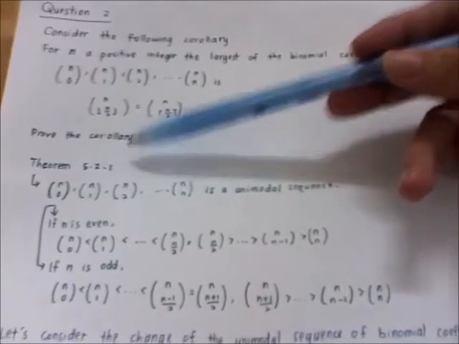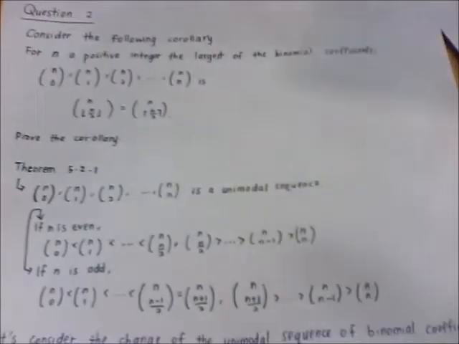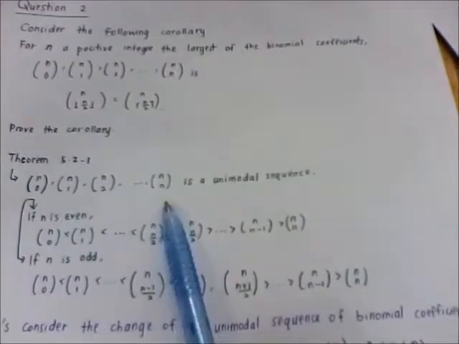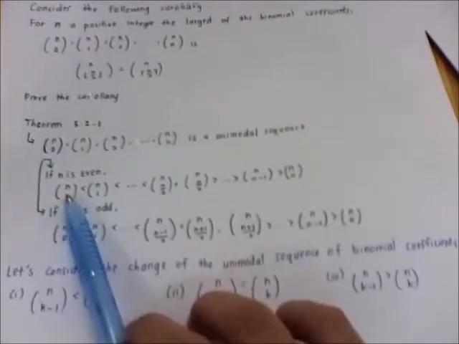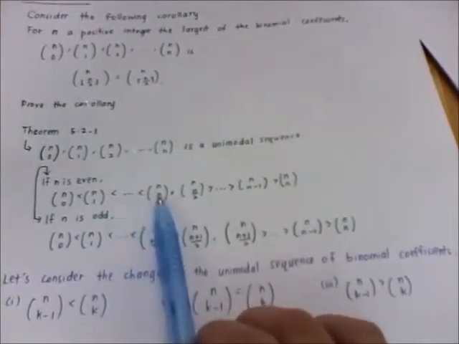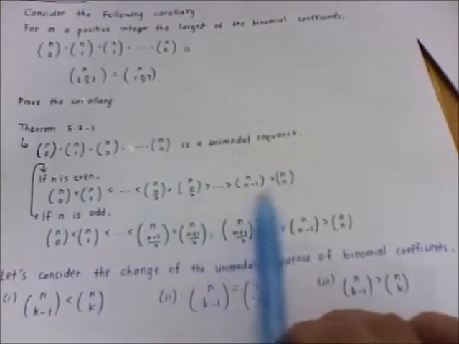First of all, we must know Theorem 5.2.1, which is that the sequence of binomial coefficients is a unimodal sequence. What it means is that when n is even, the sequence will increase up until a point where it will decrease again.